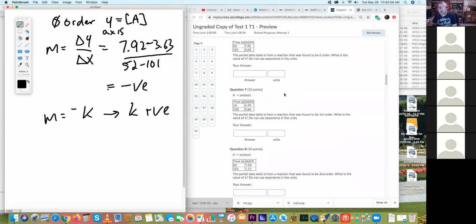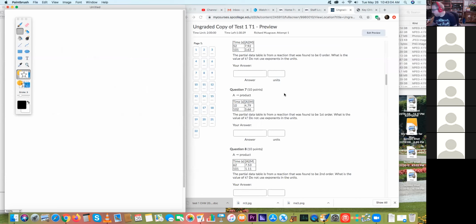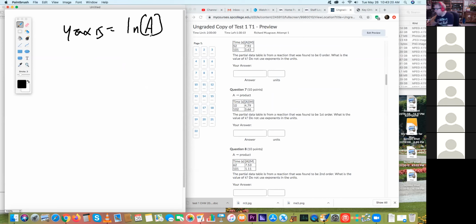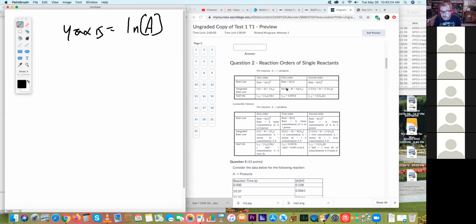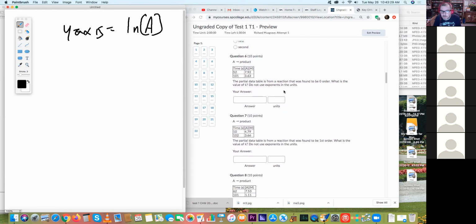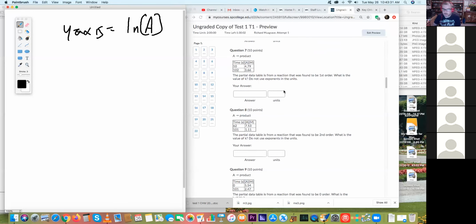So for number 7, it's a little bit different. Now, for this one, you're told that it's first order. So that means that the Y axis is equal to natural log of A. And we know that again from the table, because for first order, Y is going to be natural log of A, which means there's a little bit of a wrinkle here for this one.